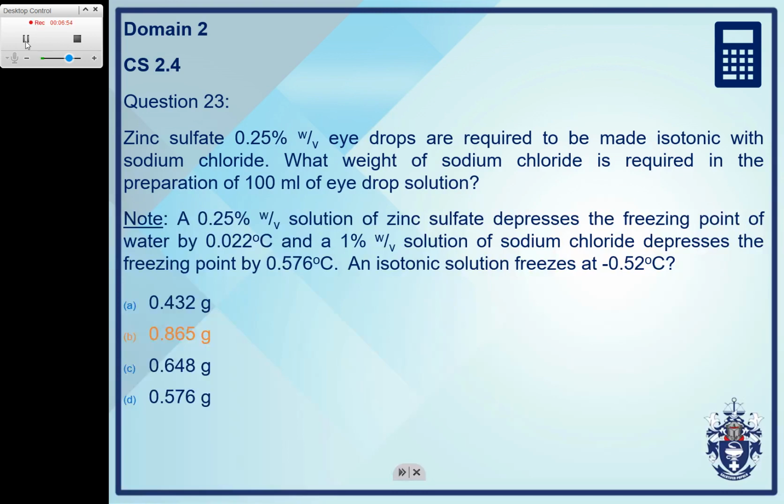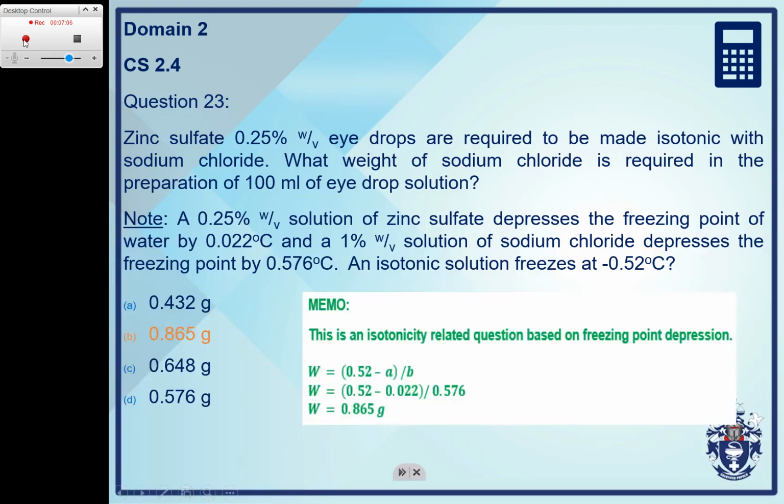And the moment you hear freezing point depression calculation, you can recall the following equation that will be applicable to doing this calculation. The formula applicable is W equals (0.52 minus A) divided by B.